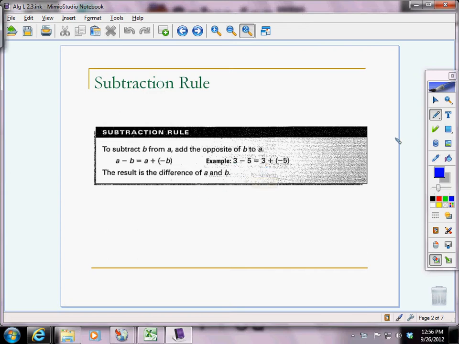And hopefully this sounds familiar, because instead of saying add the opposite, which is definitely okay to say, we all remember this phrase. Keep, change, change.